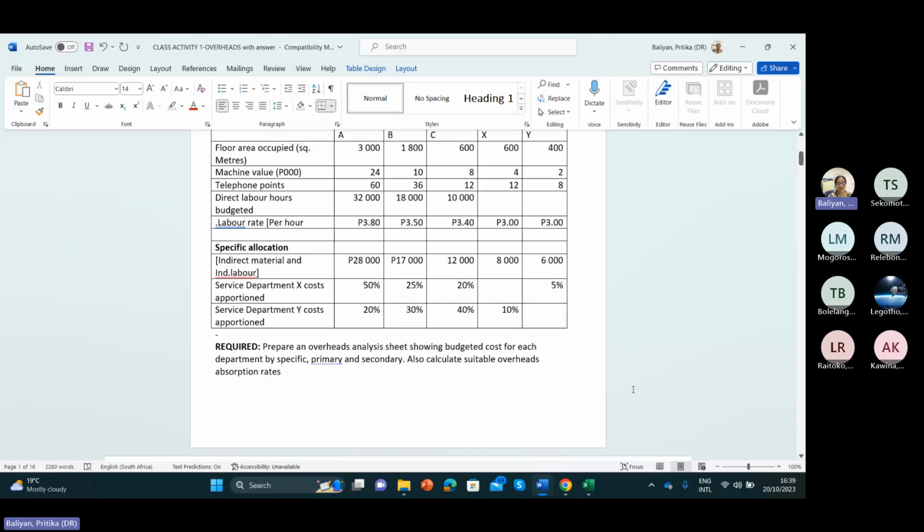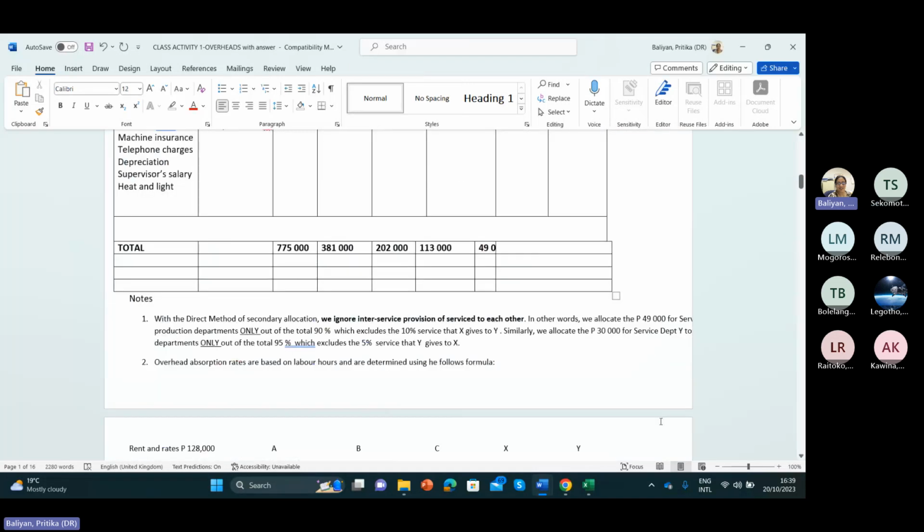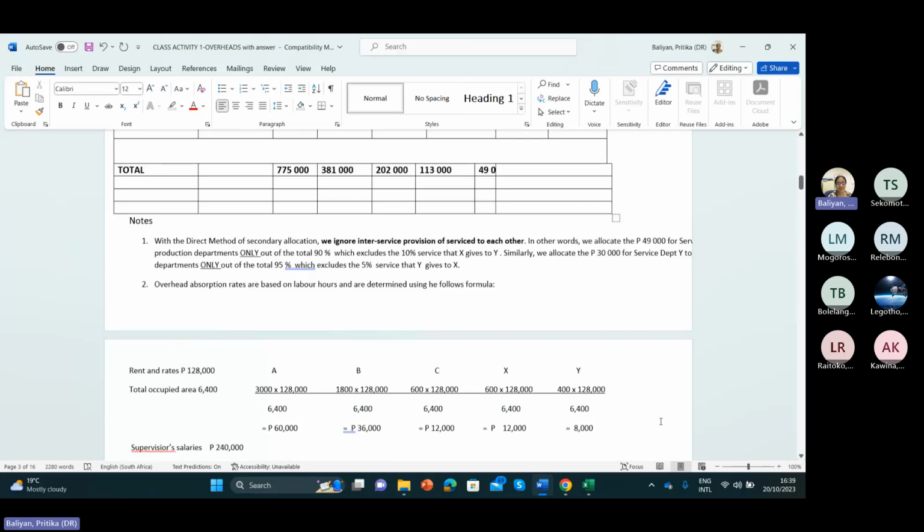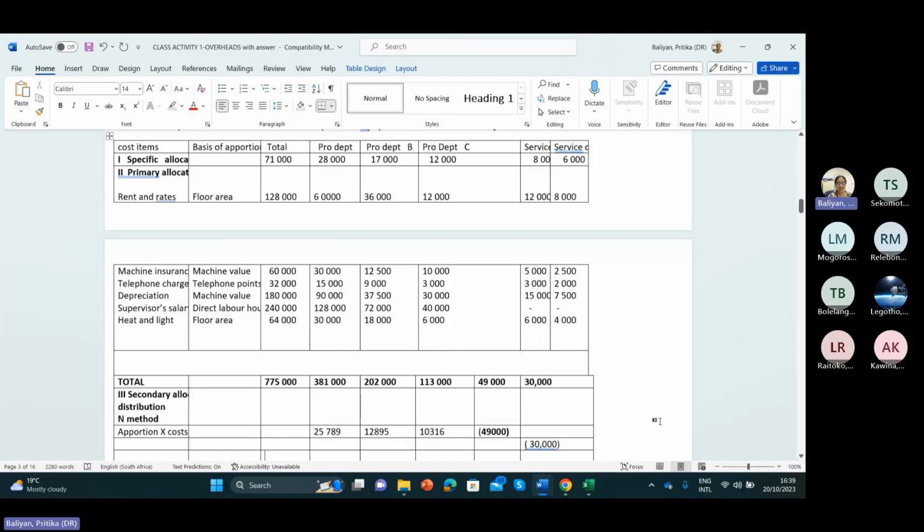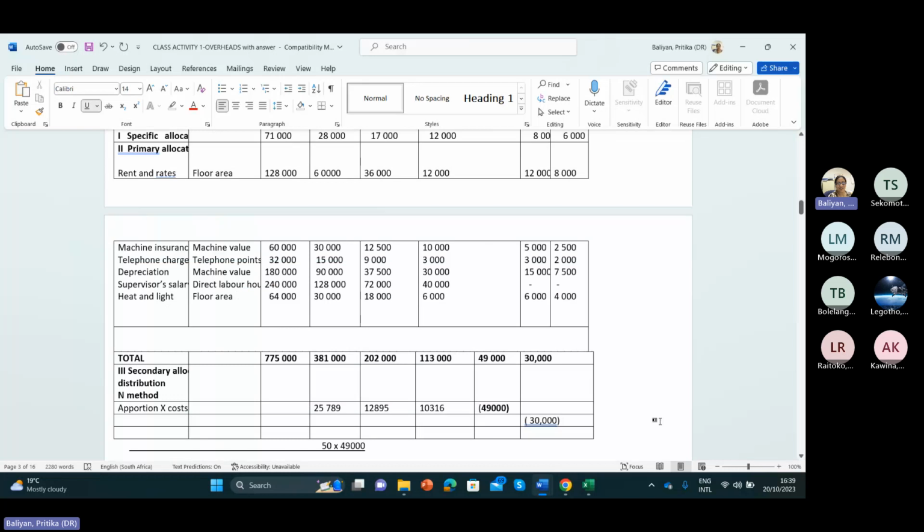Yeah. So when you are doing for Y department service, then you have to apportion 30,000. So you will do like this here. 20 over 90 times 30,000.